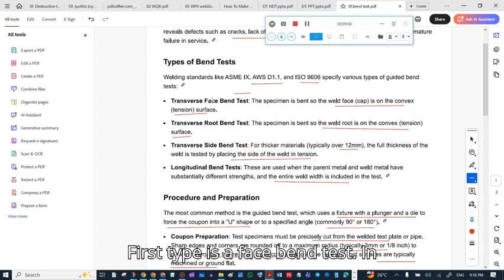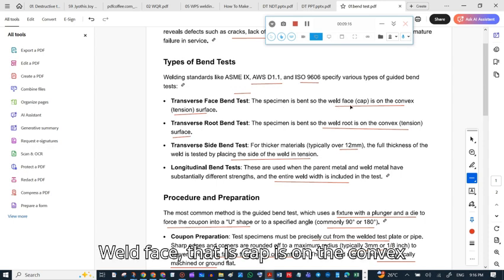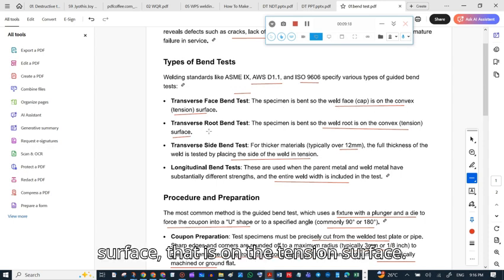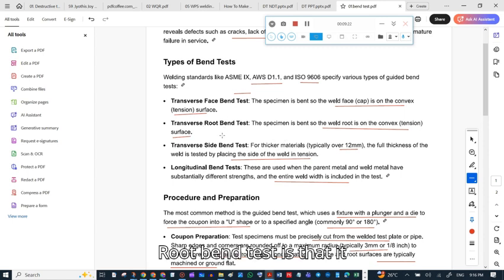First type is the face bend test. In this, the specimen is bent so that the weld face, that is the cap, is on the convex surface, that is the tension surface. Root bend test is where the specimen is bent with the weld root on the convex tension surface.